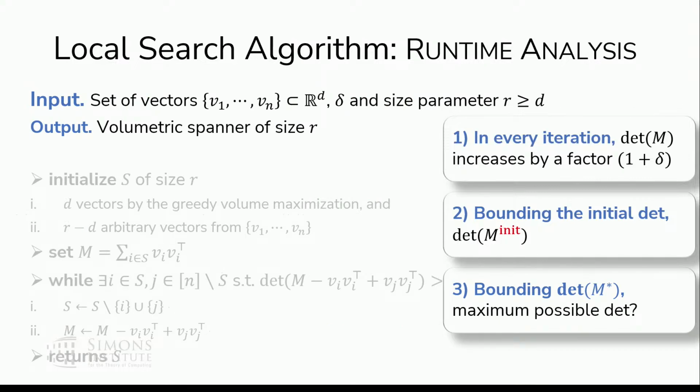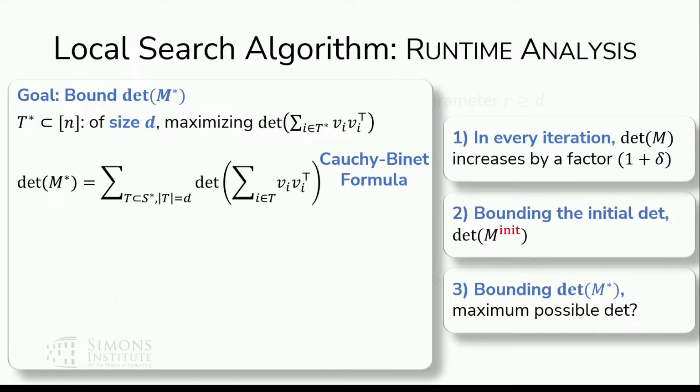OK, so I have some bounds for the initialization. And I also need to bound the maximum determinant of any subset of size r, M star. And this is also very similar. So again, I use the Cauchy-Binet formula. This is the bound. Right.